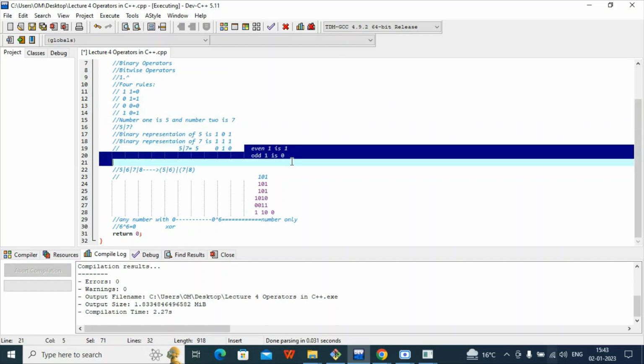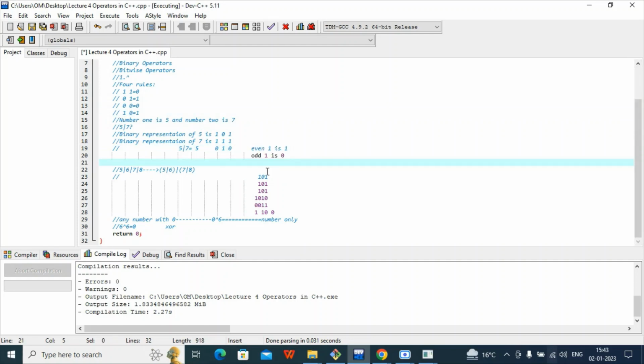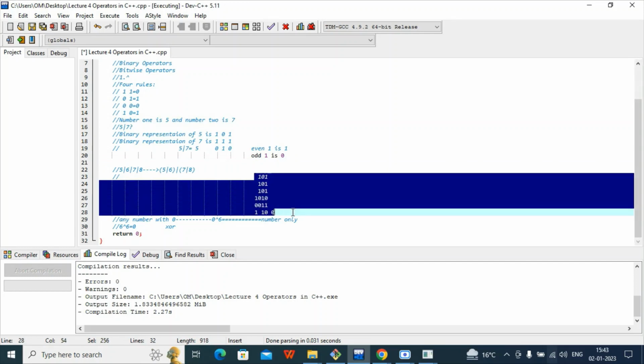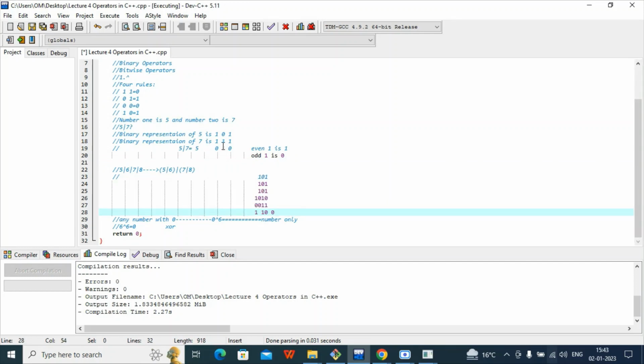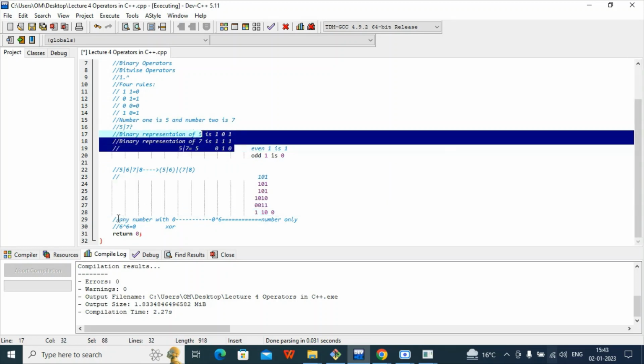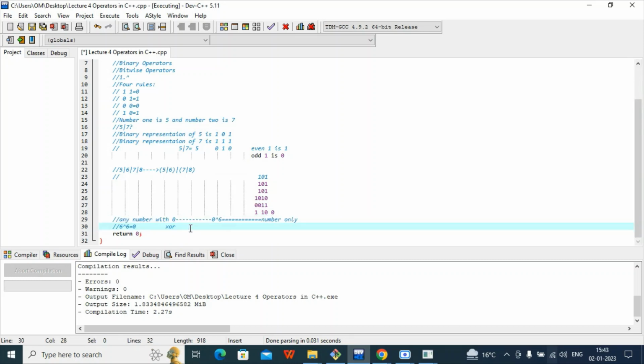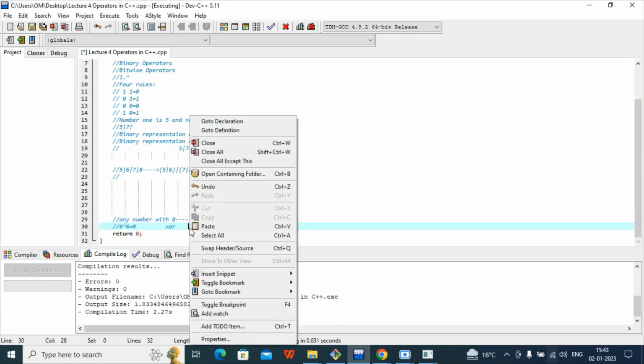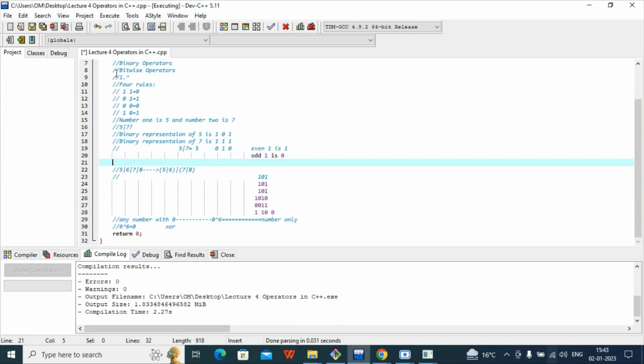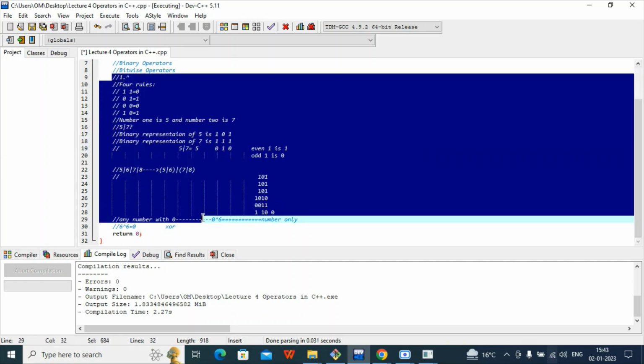This is the simple rule. If you remember this rule, you can solve any question. This is the complex numerical I solved, this is the easy one I solved. These are the two things to remember, right? Okay, let us proceed quickly towards the next operator.